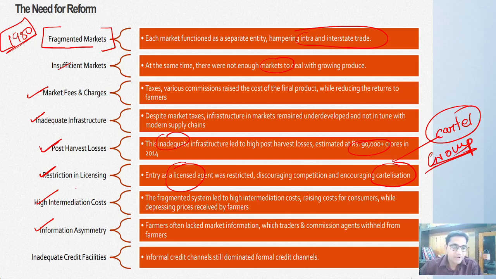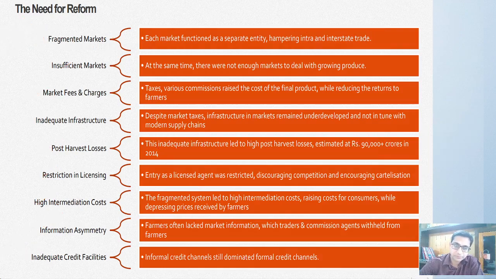Then we have an inadequate credit facility. Credit is also not being provided in a proper way to the farmers, because they are still dominated by the informal credit sector. Normally the money lenders are there, taking too much advantage of the poor and helpless farmers.